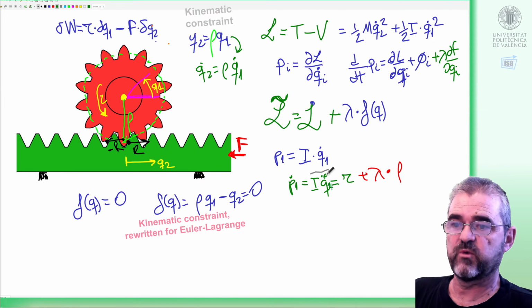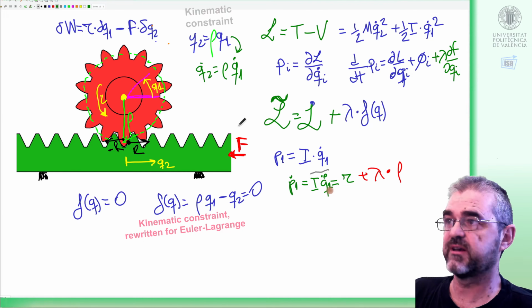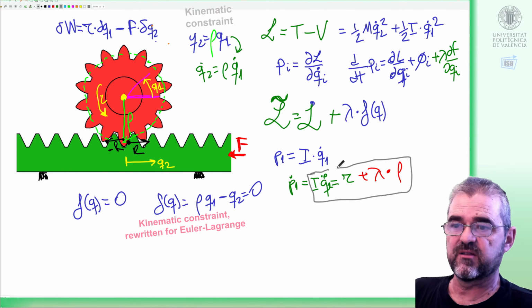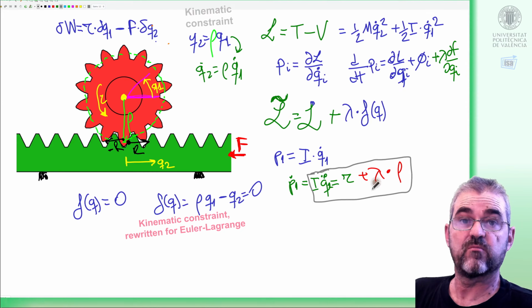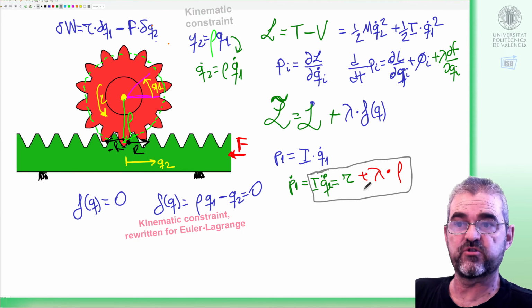Then we have the acceleration of Q1 fulfilling this equation, but contrary to what happened before with substitution, in here I have two unknowns and one equation, so the model is not complete.